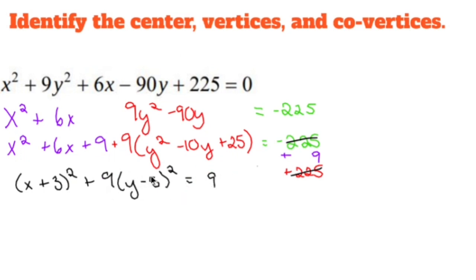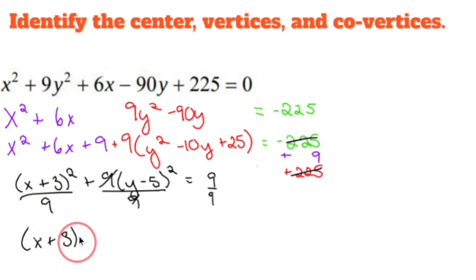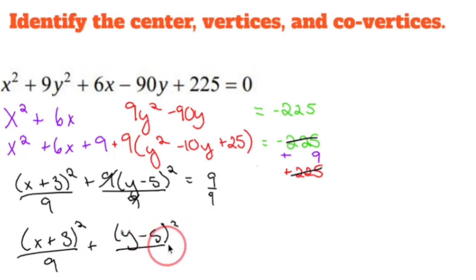Now, if it's an ellipse, I have to make this equal to 1, so let's divide everything by 9, and look at that, over 9, and my standard form is now coming together. x plus 3 squared over 9 plus y minus 5 squared, I'll put over 1 even though it's not necessary, is going to equal 1.